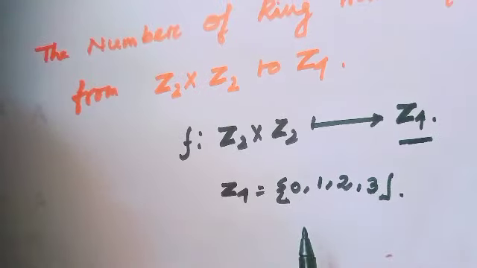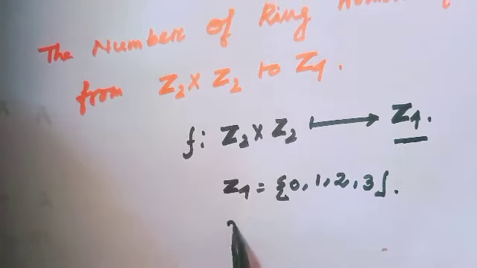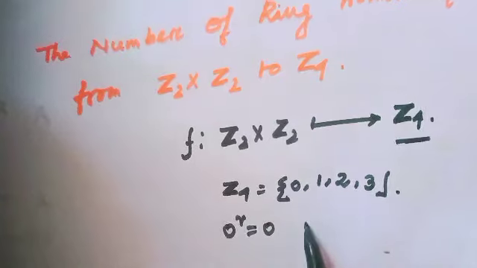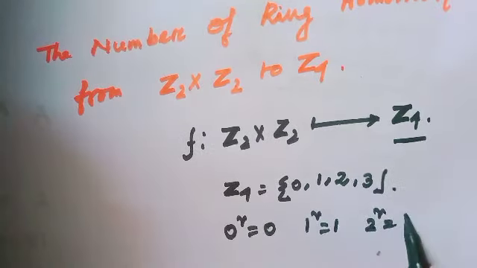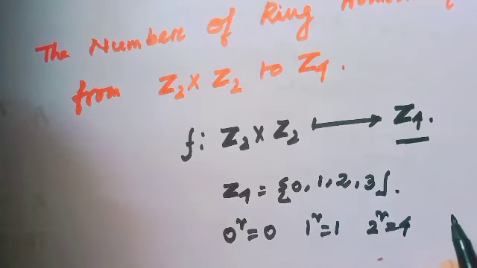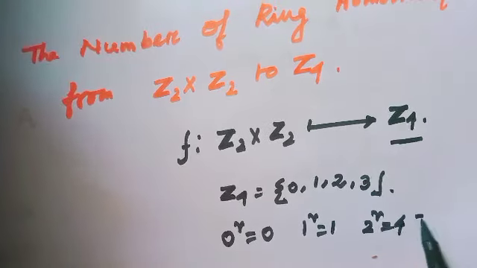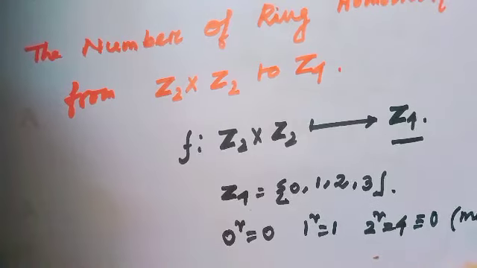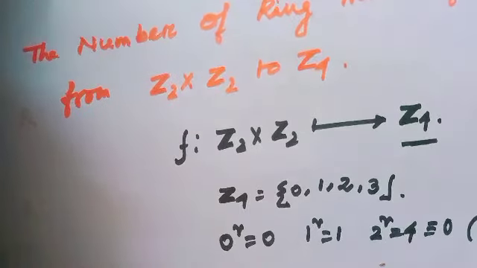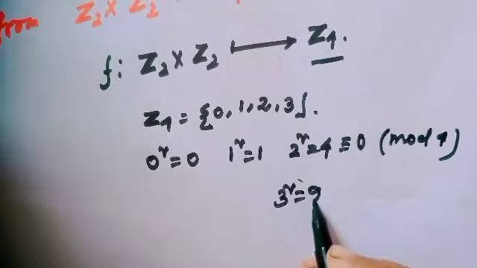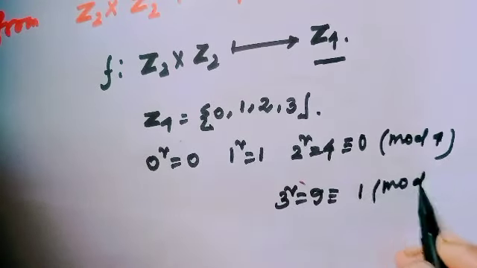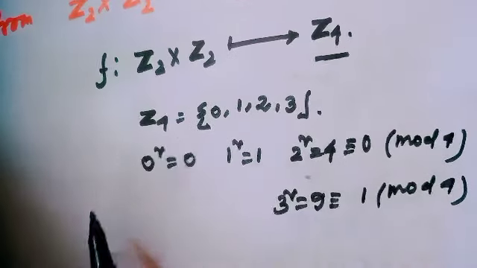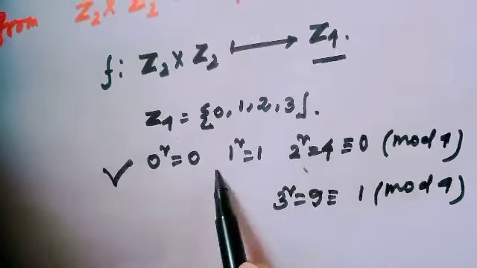Actually Z4 contains 4 elements 0, 1, 2, 3, and here 0 square equal to 0, 1 square equal to 1, 2 square equal to 4, which is congruent to 0 in modulo 4, and 3 square equal to 9, which is congruent to 1 in modulo 4. That means here the only idempotent elements are 0 and 1.